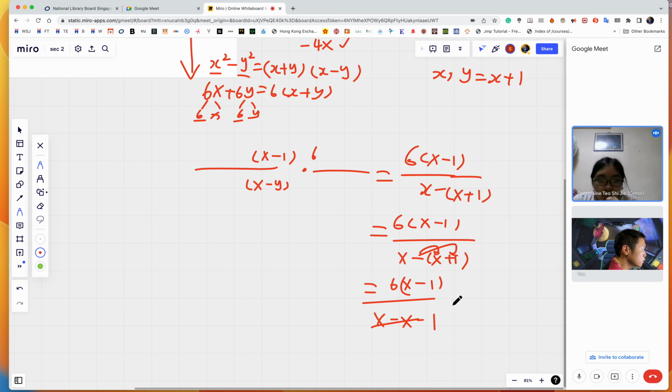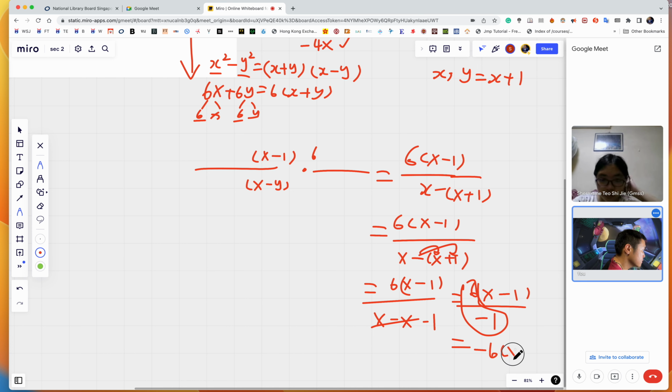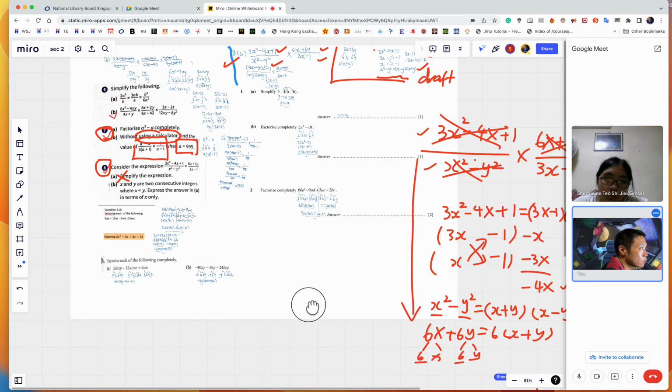So this is gone, so you're left with minus 1 below. Use your calculator here, you get minus 6. So the answer is this. Okay, good. Then go back to the question.